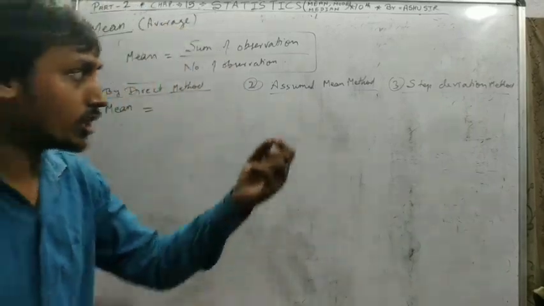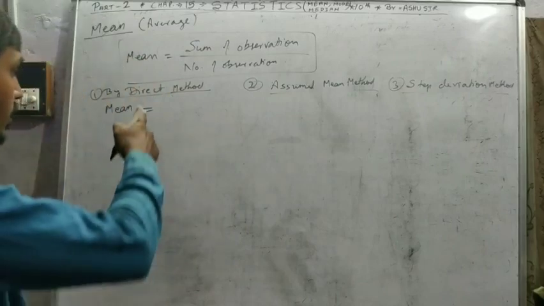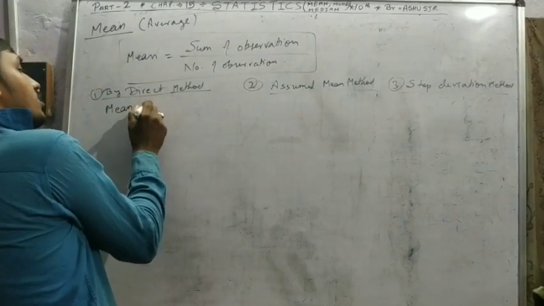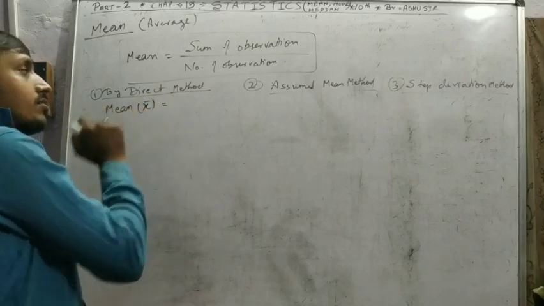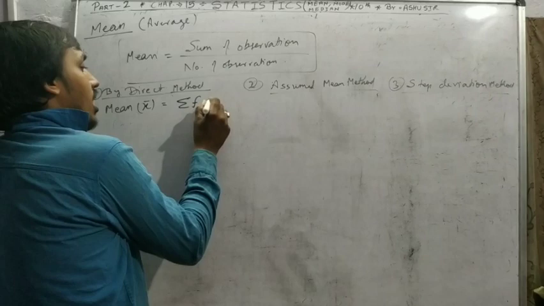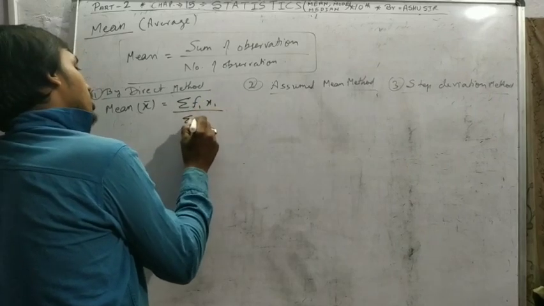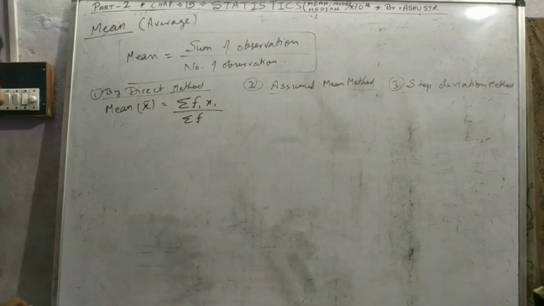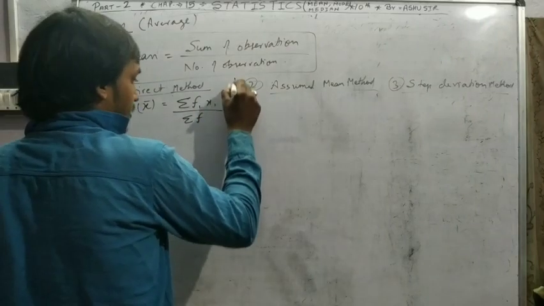As usual we only explain the concept. By the direct method the mean, denoted by x bar, is equal to summation of fx upon summation of f. That is the formula for the mean.